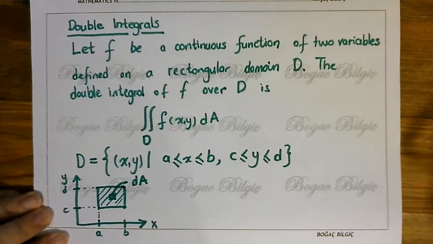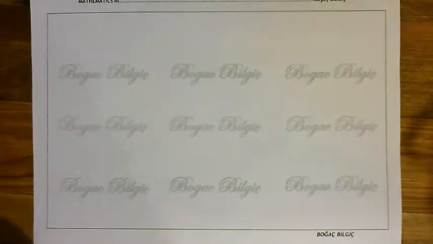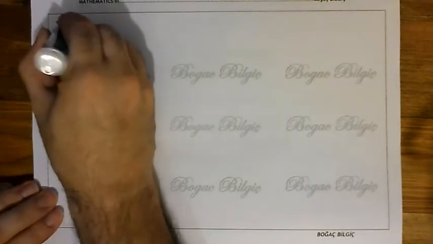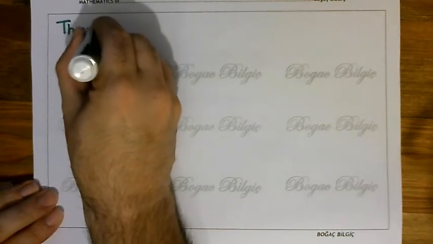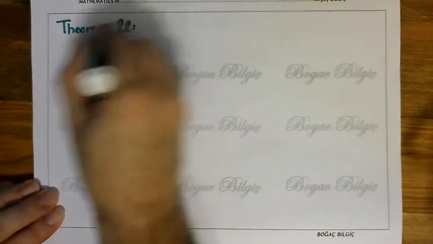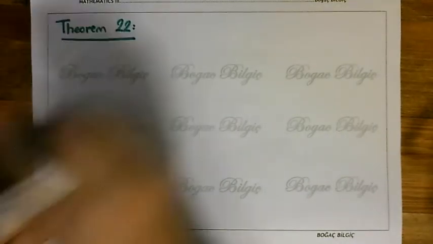How can we evaluate this double integral? The question is answered by the following theorem. Theorem 22, Fubini's theorem.